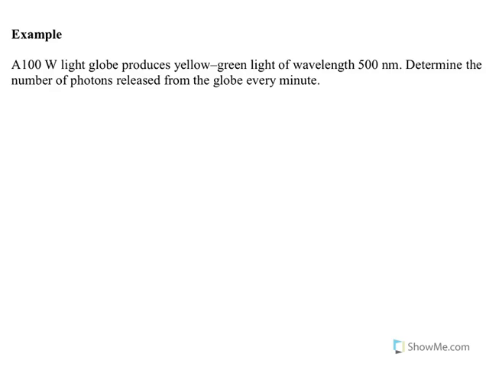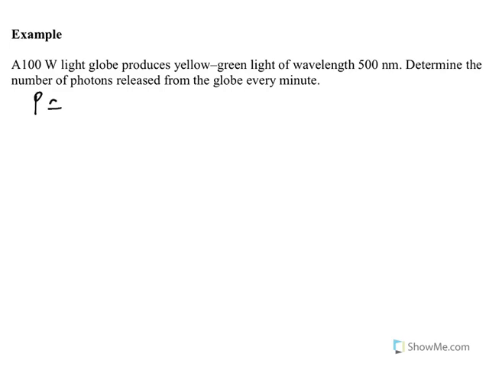All right, the example. We've got a 100-watt light globe that produces yellow-green light of wavelength 500 nanometers. Determine the number of photons released from the globe every minute. So, total energy.